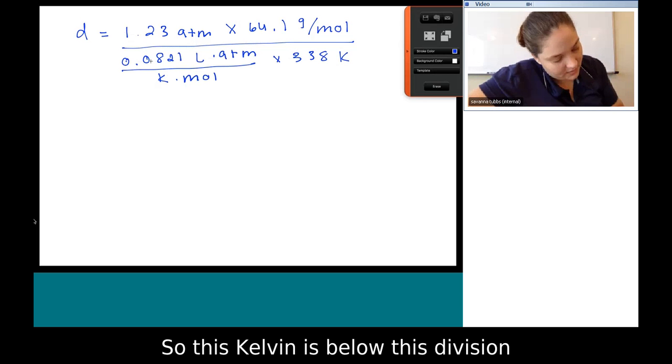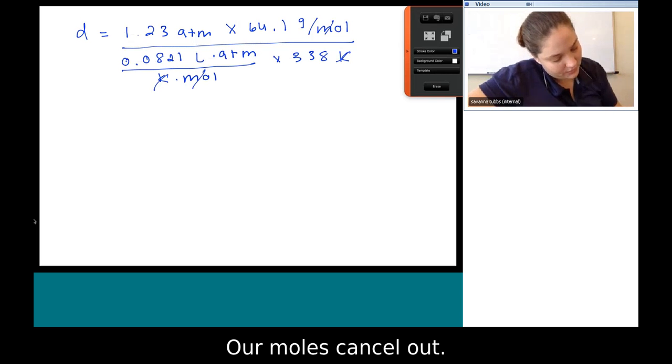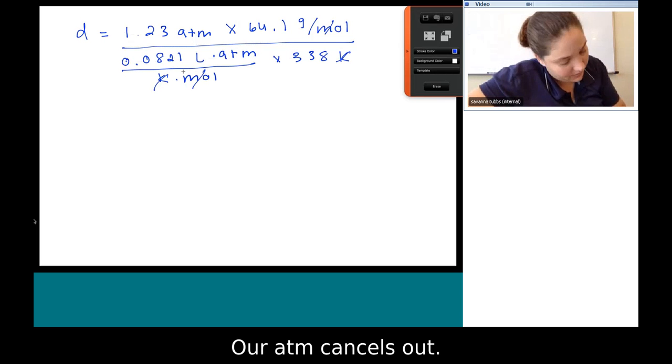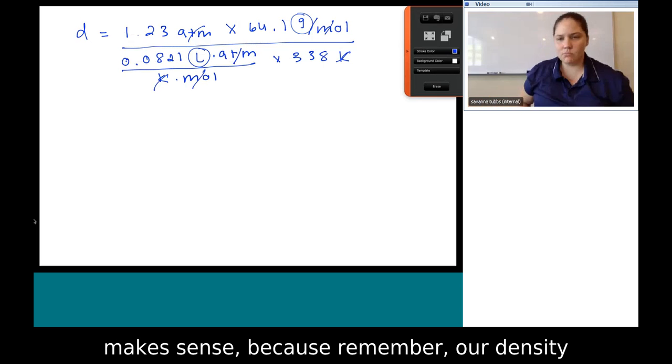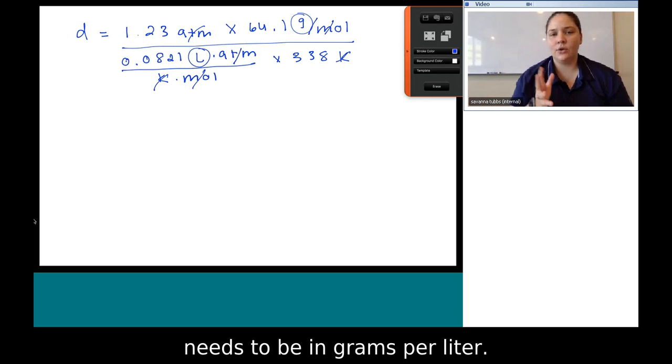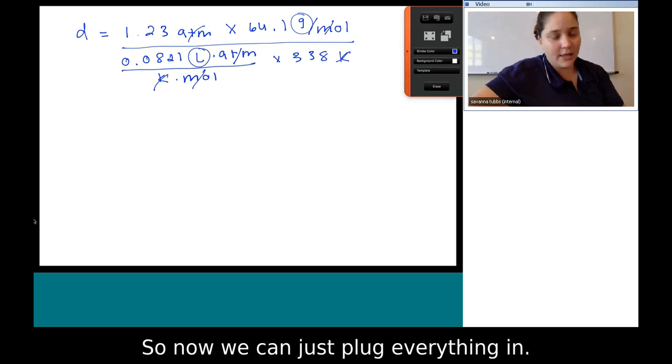So this Kelvin is below this division right here, so these cancel out, our moles cancel out, our atm cancels out, and what we're left with is grams over liters, which makes sense because remember our density needs to be in grams per liter, so we need G over L. So now we can just plug everything in.